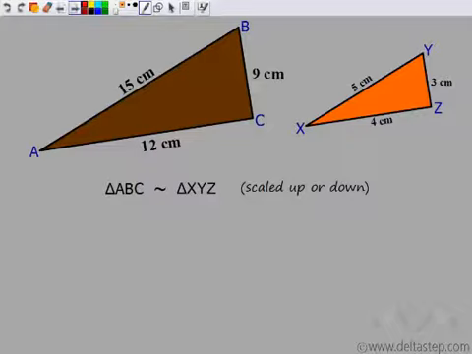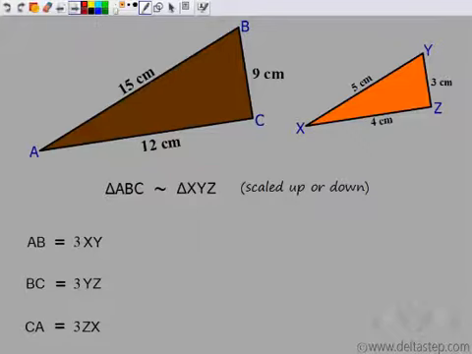So whenever I multiply the sides of this triangle by 3, I get the sides of this triangle. So what I can say is that side AB is actually 3 times XY. So 3 into 5, 15. So AB is 3 times XY. Similarly, BC is 9, which is 3 times YZ.